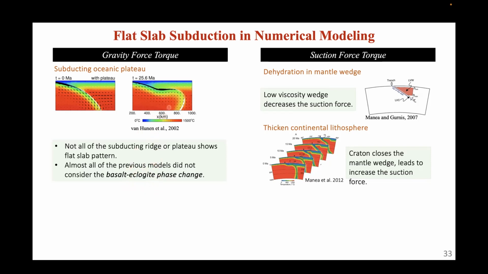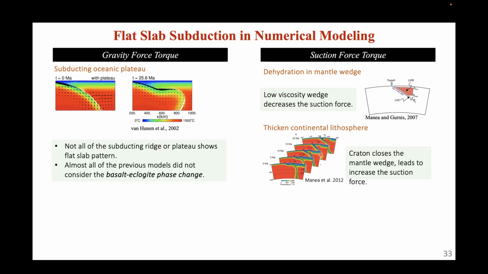They either do not implement this phase transition in the model, or they somehow delay the phase transition with a non-stable phase rule. The other choice is to reduce the viscosity in the mantle wedge and also increase the thickness of the overriding lithosphere.